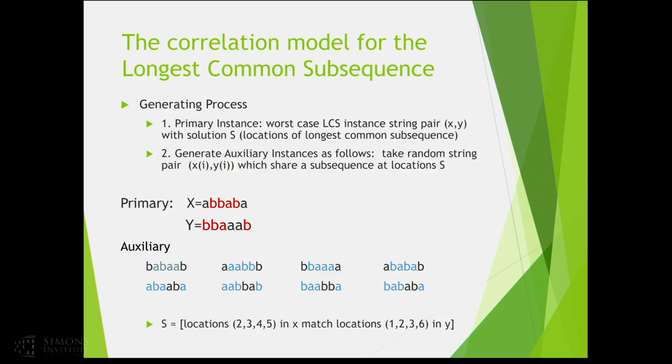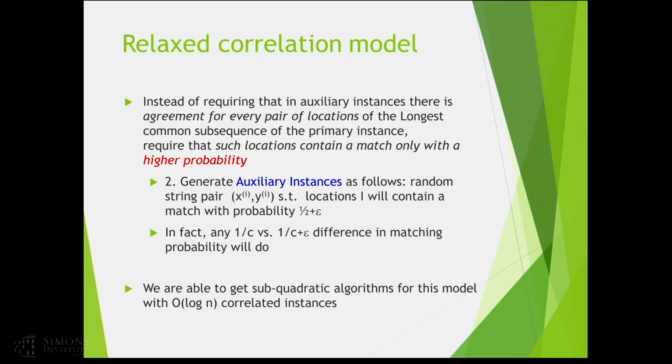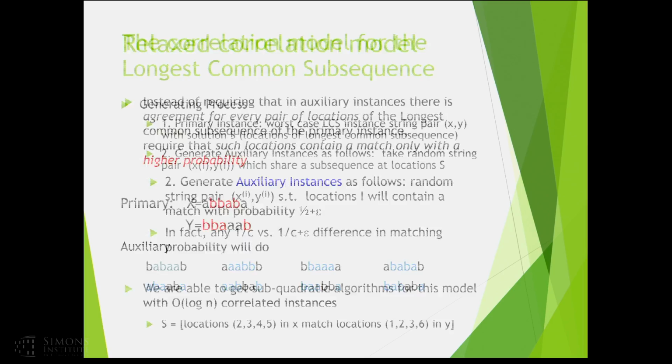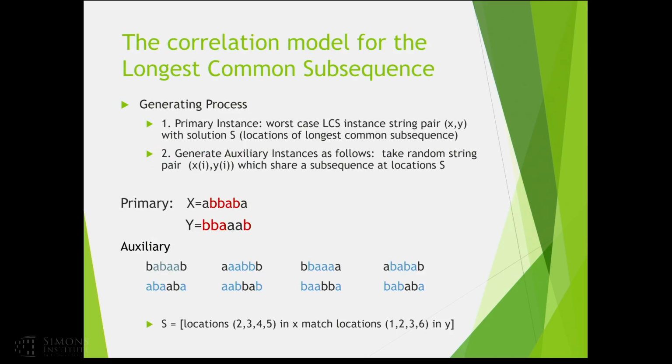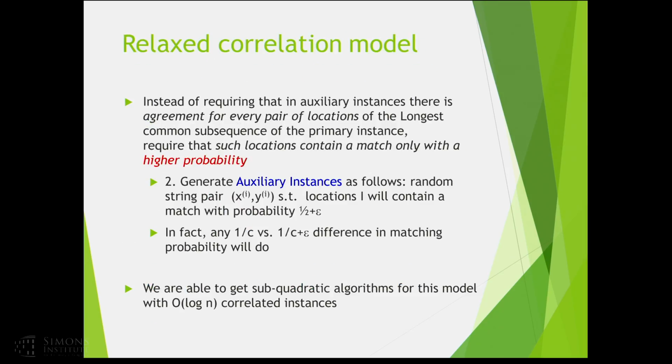So specifically, locations 2, 3, 4, and 5 in the first string match up with locations 1, 2, 3, and 6 in the second string. So also, we can look at this relaxed correlation model where, remember, if we go back, these positions are exactly the same, exact matching. We can make them matching with, say, some higher probability than the two random characters.